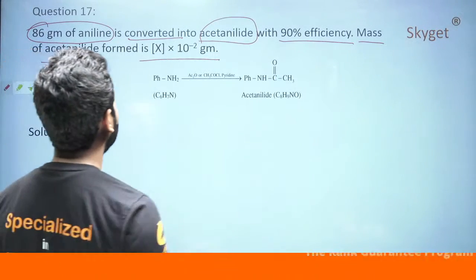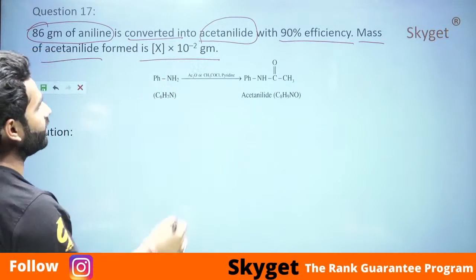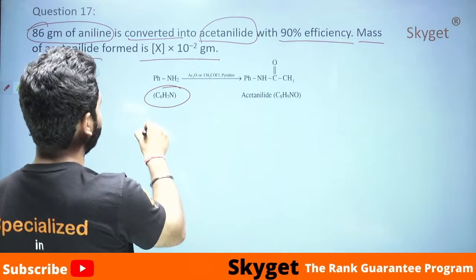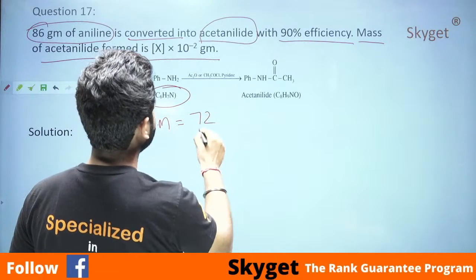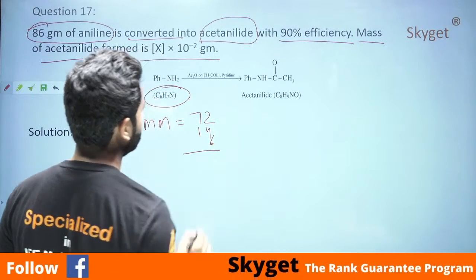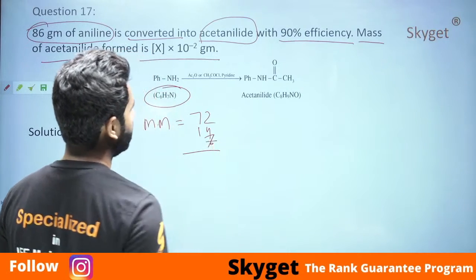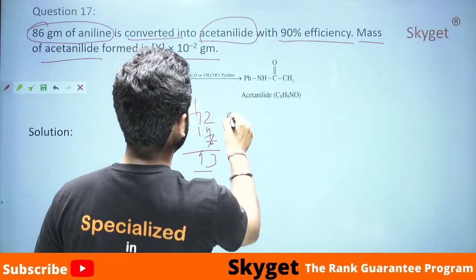How? Let's see. Now in the case of aniline, what is the formula? This one. So molecular mass we need to find. Molecular mass will be equal to 72 plus 14 plus 7. How much is it? It's 93.